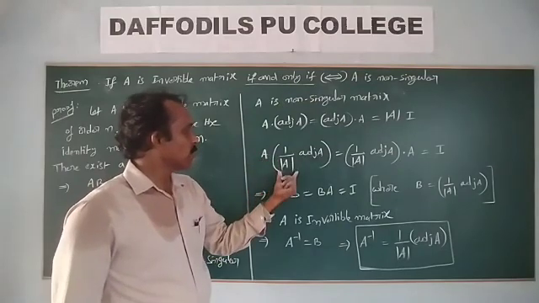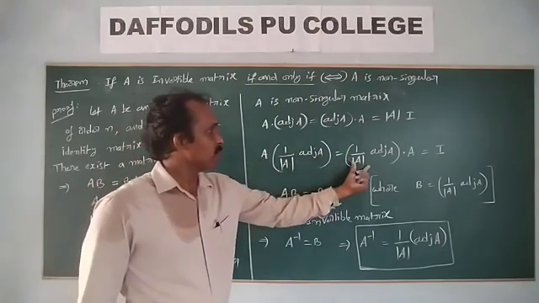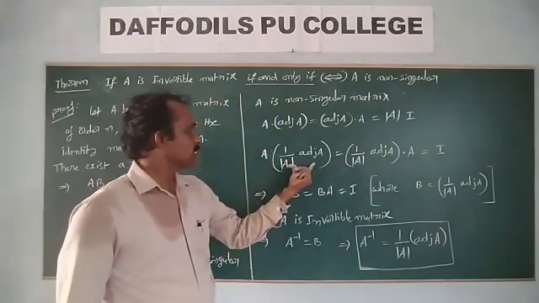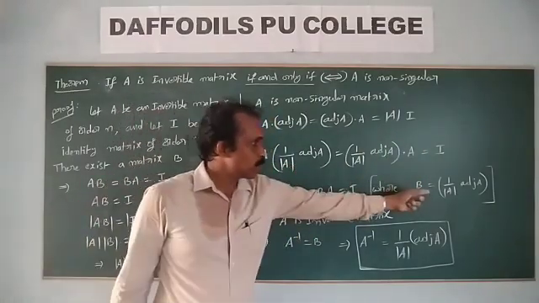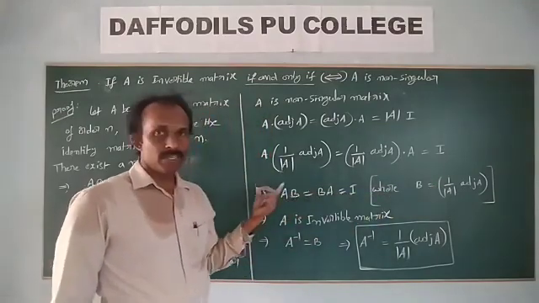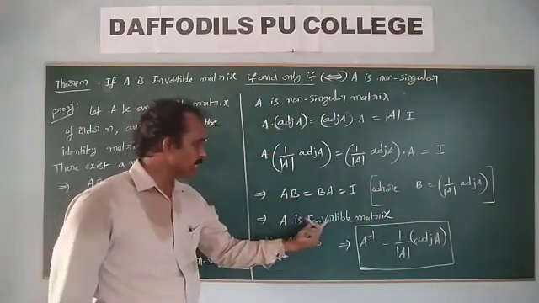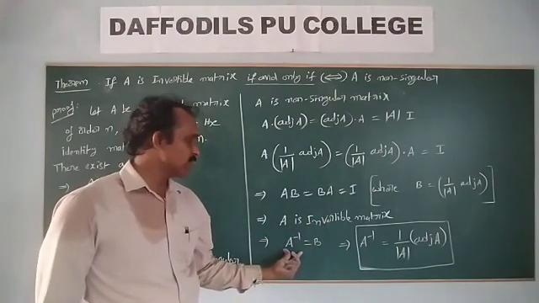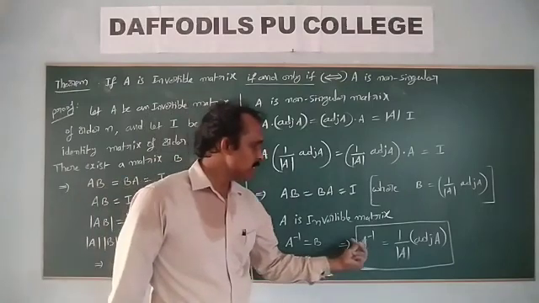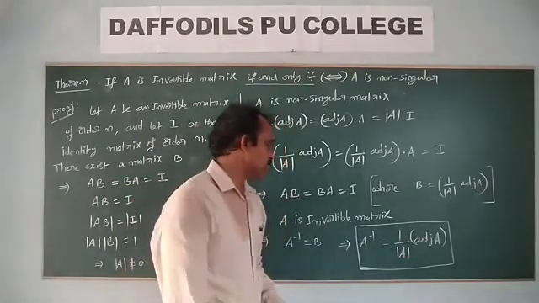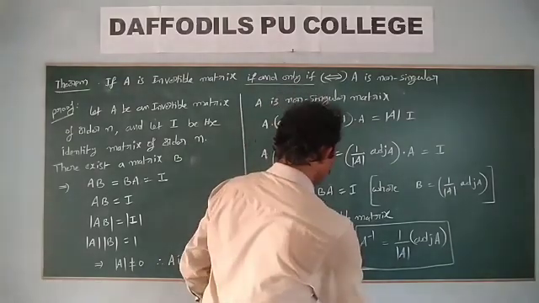A into 1 by det A adjoint A, and 1 by det A adjoint A into A is equal to I. Let this be considered as B, where B is equal to 1 by det A adjoint A. AB is equal to BA is equal to I. By the definition of invertible, this is an invertible matrix. Therefore, A is an invertible matrix. That implies A inverse is equal to B. So therefore, A inverse is equal to 1 by det A into adjoint A.